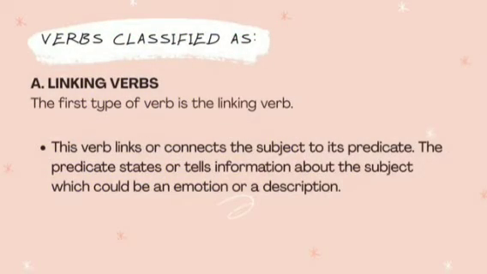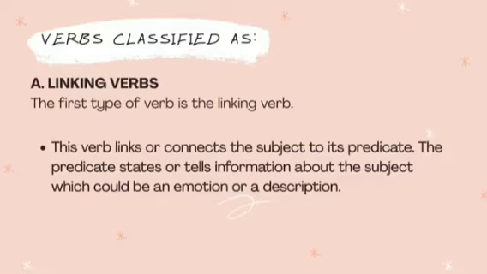There are different types of verbs that we can use to express opinions and emotions to persuade or convince. They are classified as A. Linking verb. The first type of verb is the linking verb. The verb links or connects the subject to its predicate.